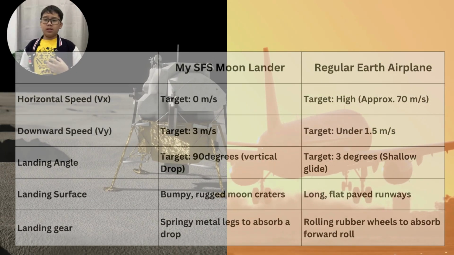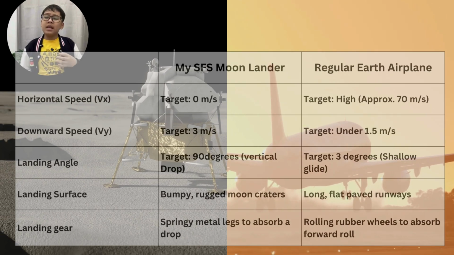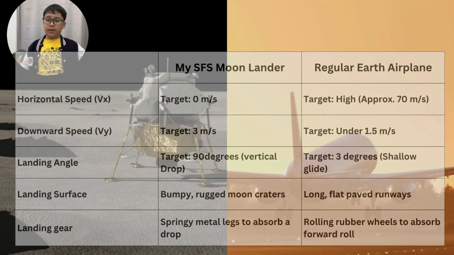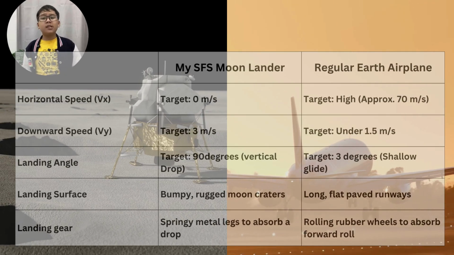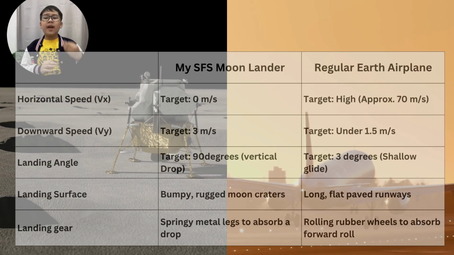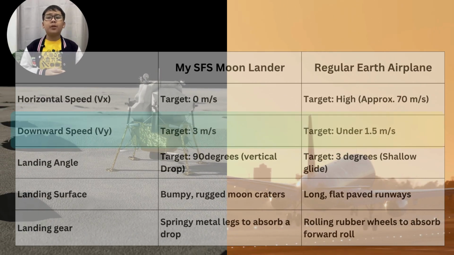During a normal flight on Earth, the pilot inputs parameters to maintain a massive horizontal velocity to generate vital wing lift over the runway, resulting in a flat 3-degree landing approach angle.